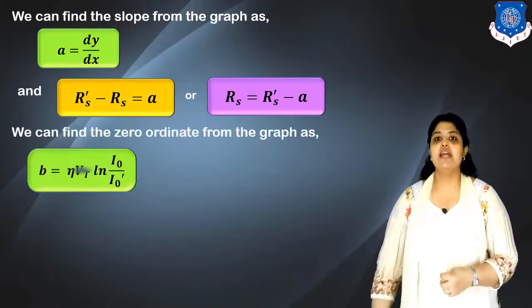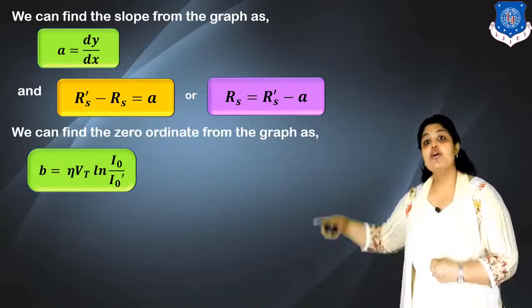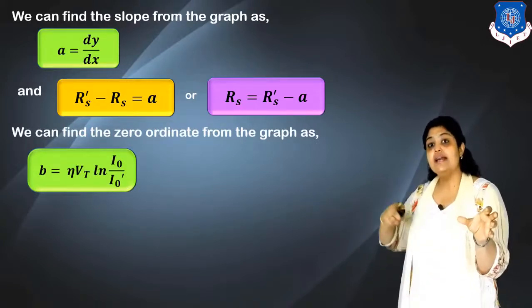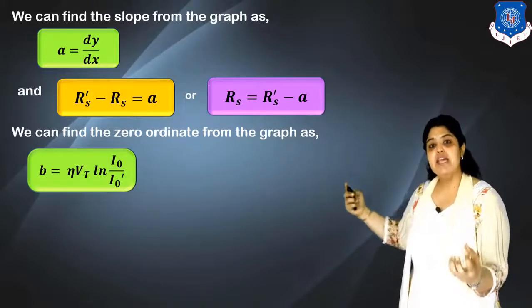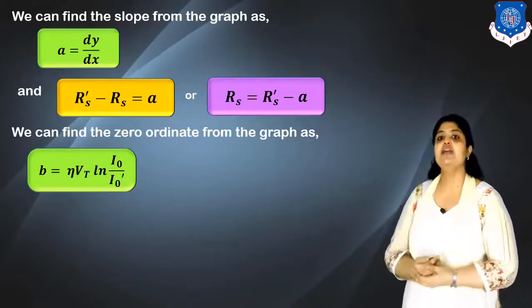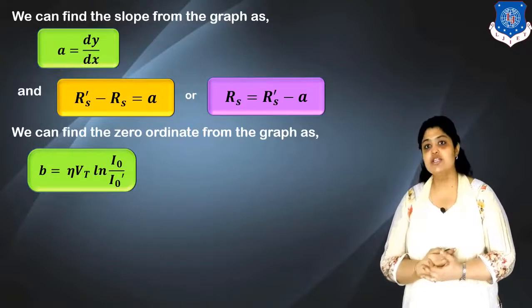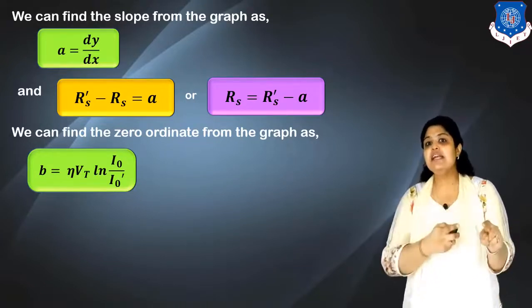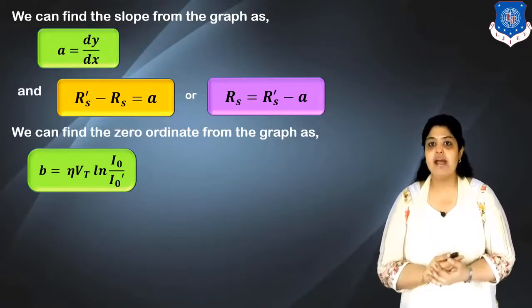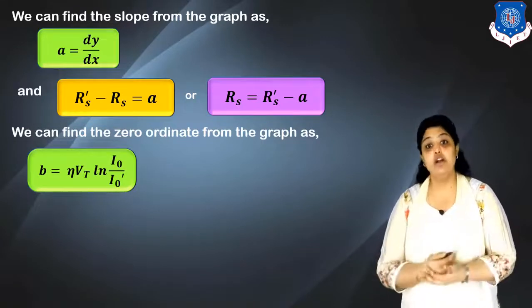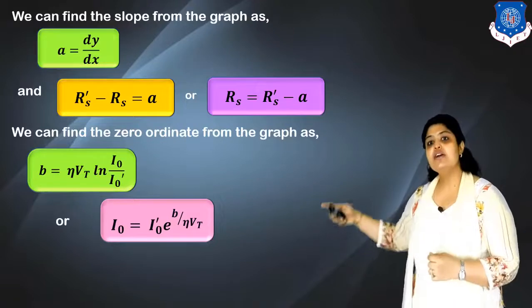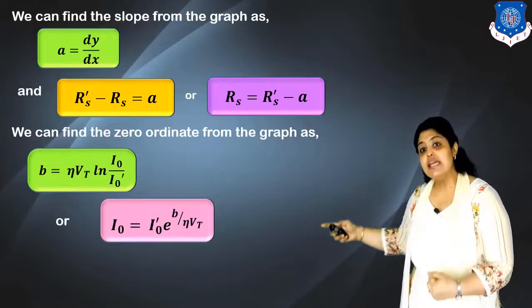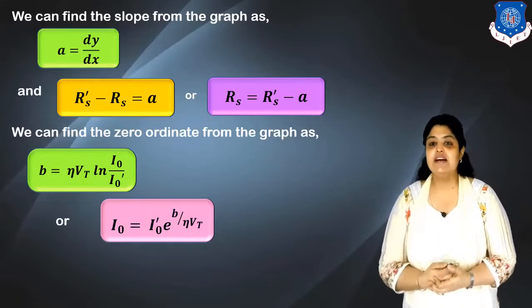Let's see what we obtain from the zero ordinate. Now zero ordinate resembles the constant term C. So that is B is equal to eta Vt ln of I naught by I naught dash. So I can write B upon eta Vt is equal to ln of I naught by I naught dash, and then I can take the antilog to find the value of I naught as I naught is equal to I naught dash e raised to B upon eta Vt.